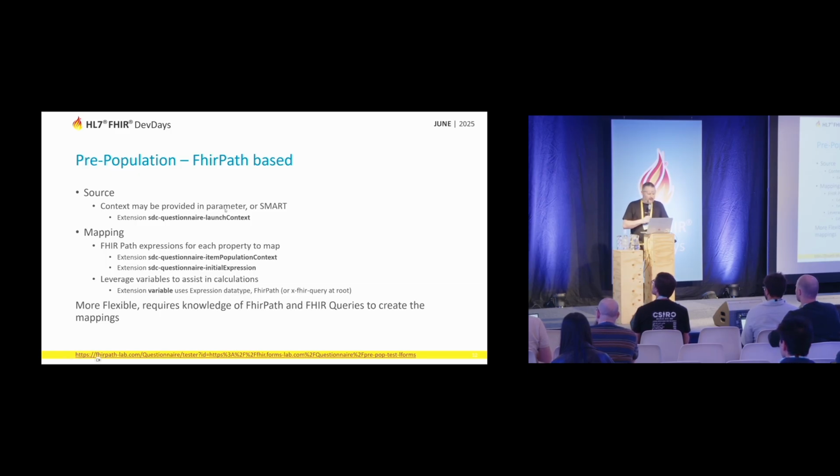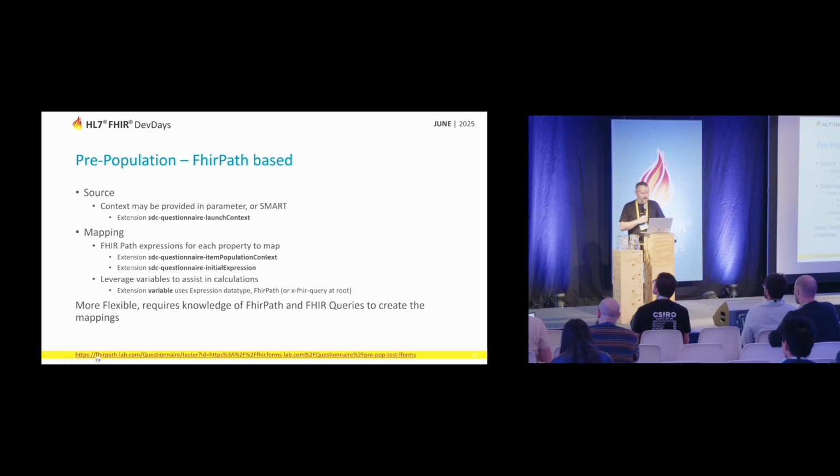So that uses potentially the launch context, and it can also define additional variables or additional content that it requires to come through. And then with each of those, you get the item population context, which you can then grab groups. So if you had something like a patient, I have a demo, I'll walk into that.